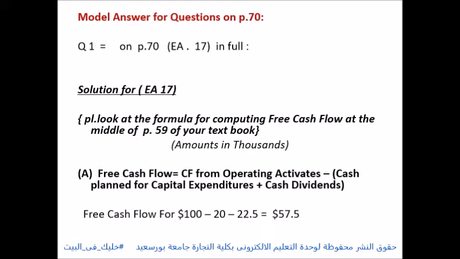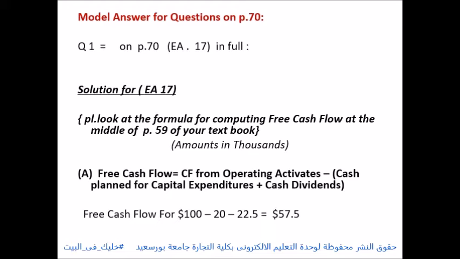The formula is as follows. Free cash flow equals cash flow from operating activities minus cash planned for capital expenditures minus cash dividends. Of course, the plus, because there is a bracket.